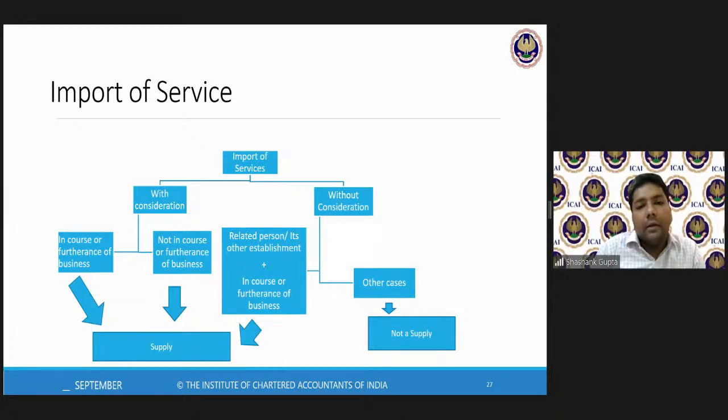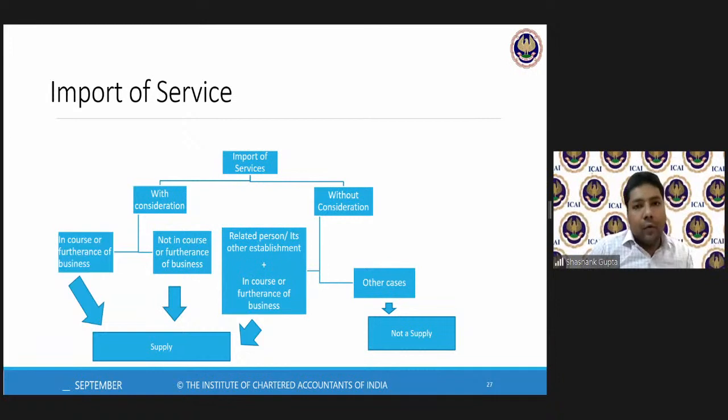However, for import of service, even if it is without consideration, if the import of service is happening from a related person, as defined under GST, or from another establishment of the same taxpayer, that is, Hyundai India doing a transaction with Hyundai South Korea, so it's another establishment plus the transaction is in the course of furtherance of business, even if without consideration, the transaction will be treated as supply.